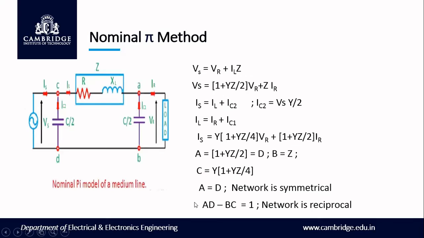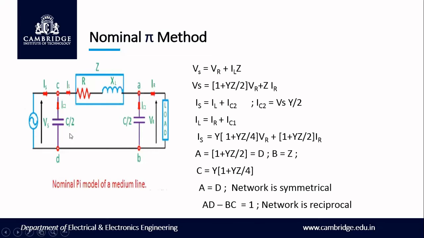Next, nominal pi method. So here also we can directly write the expression Vs is equal to VR plus IL into Z. Now substitute for IL here. So if you solve this, you will be getting this expression. Is is equal to IC2 plus IL.